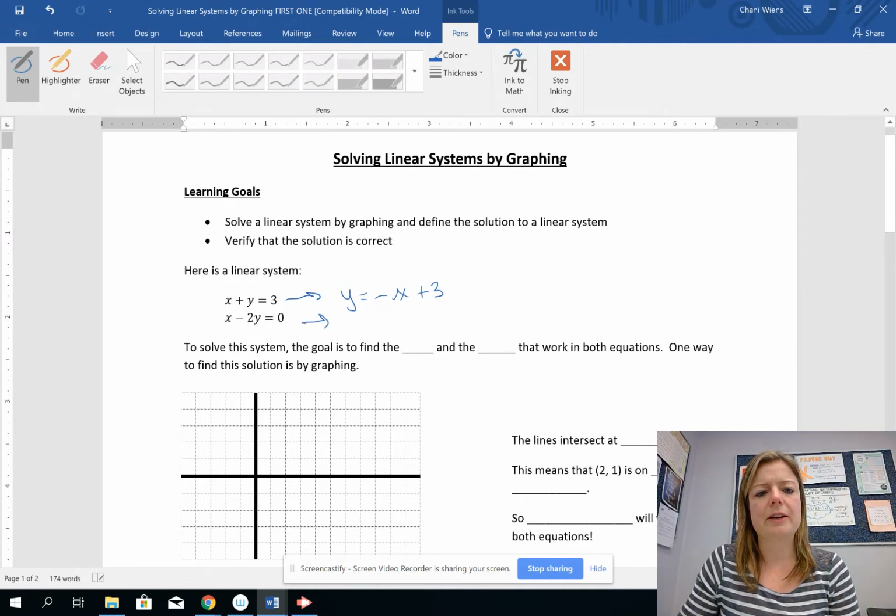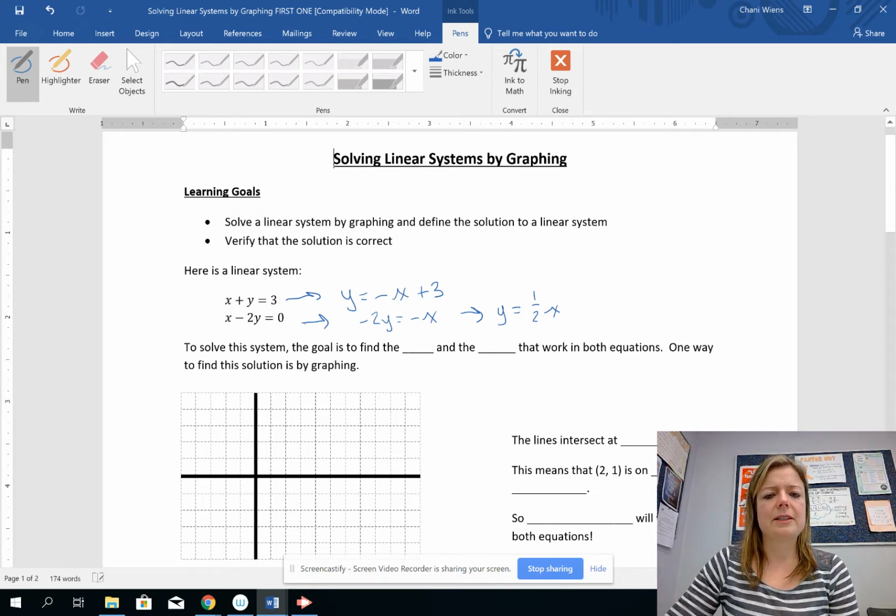If we are to rearrange the second equation, we would get -2y equals -x. And then from there, we would get y is equal to 1/2 x after we divide both sides by -2. -1 divided by -2 is positive 1/2.